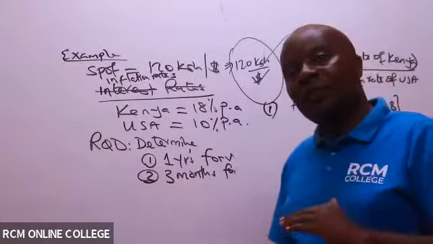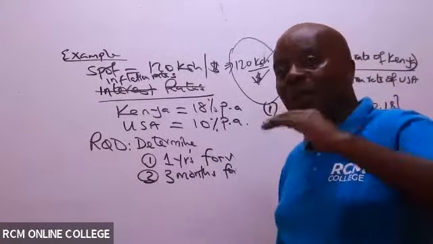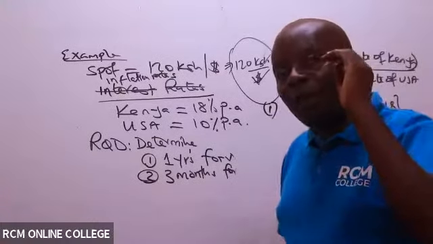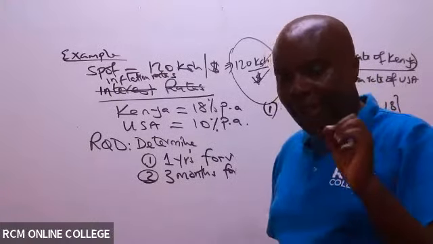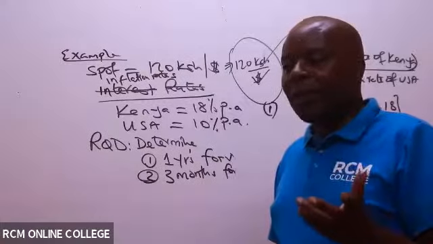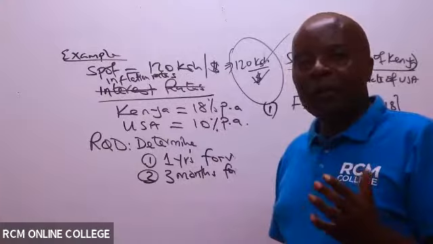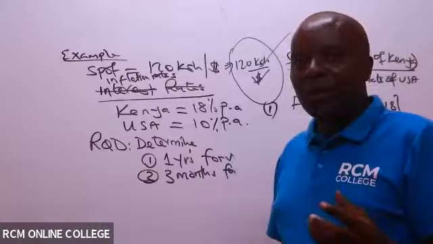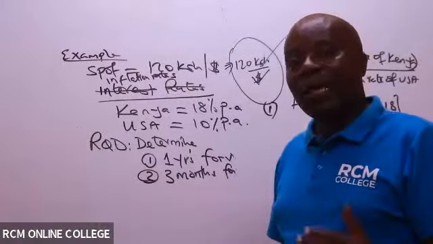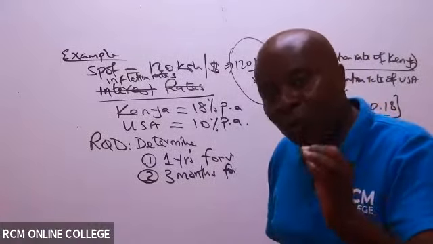Countries that have high inflation rates have very, very weak currencies. Look at, for example, Zimbabwe. Actually, right now it is stabilizing, because some time back Zimbabwe was a hyper-inflationary economy.